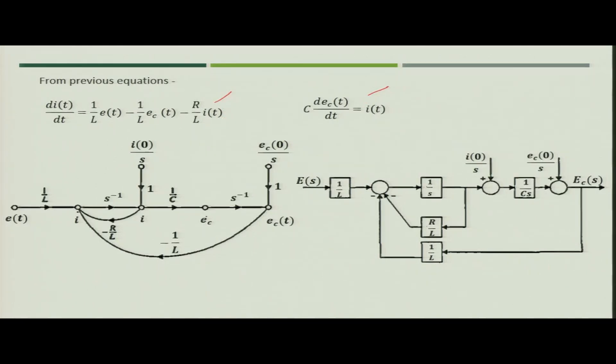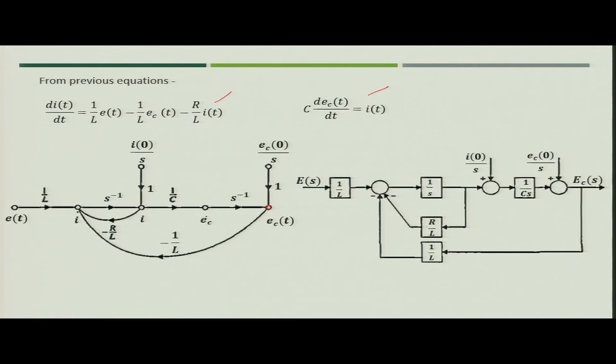First we have to specify the nodes. As we know, generally we consider the voltage across the capacitor and the current flowing through the inductor as the two important state variables of the differential equations. If you write them, you write in terms of EC and I. So, we take these two as nodes.